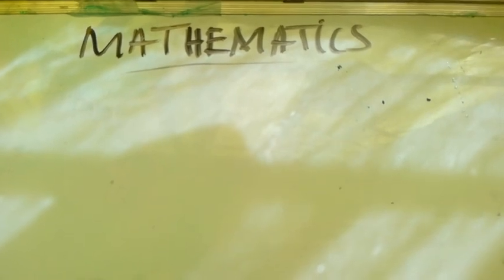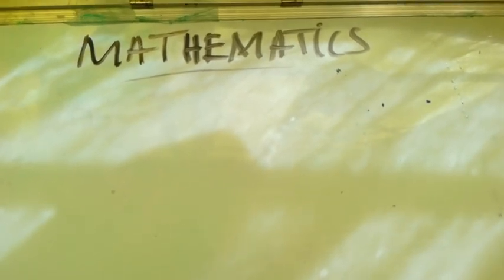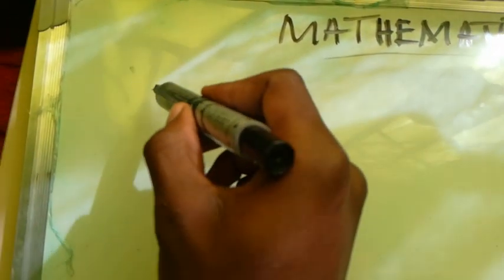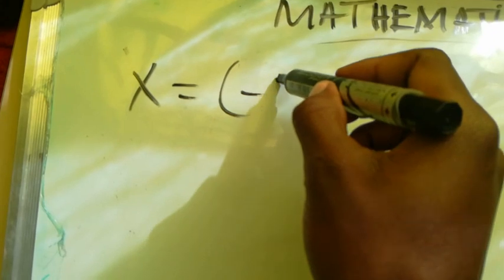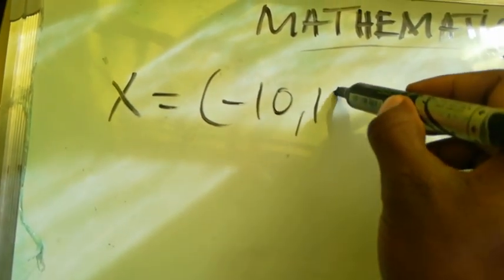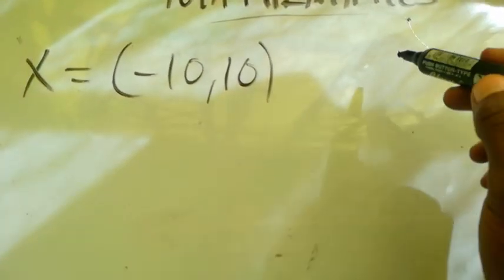So let's say, for instance, we're given a set, let's say set X to be our universal set, and we're told we have -10 and +10 here as our universal set. So before we even proceed, let me make an emphasis on this.